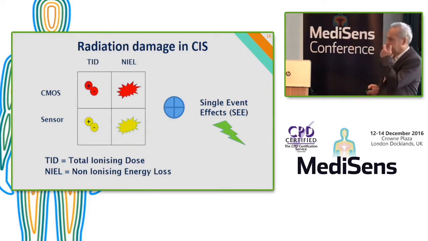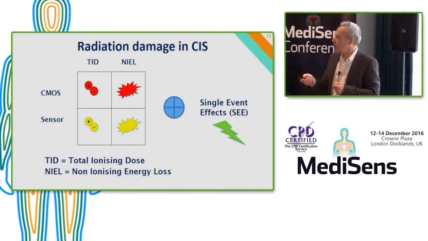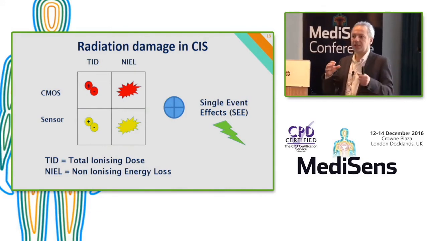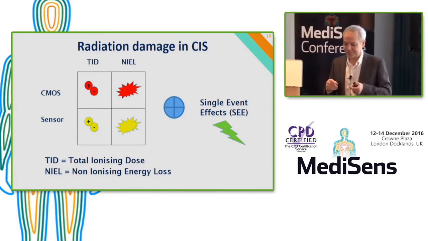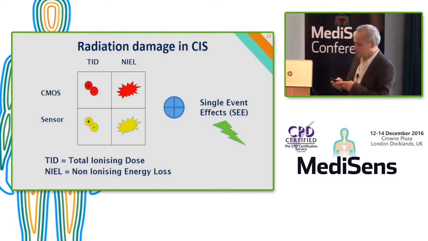One is called total ionizing dose: a particle coming through generates electron-hole pairs, and we'll talk later about what they do. The other one is called non-ionizing energy loss. Here particles are not generating charge but hitting atoms and moving them out of the lattice, creating real defects in the silicon, basically breaking the crystalline structure of the material.